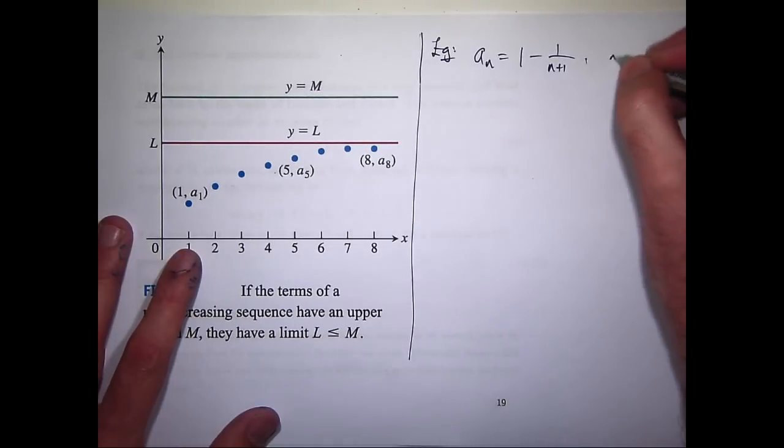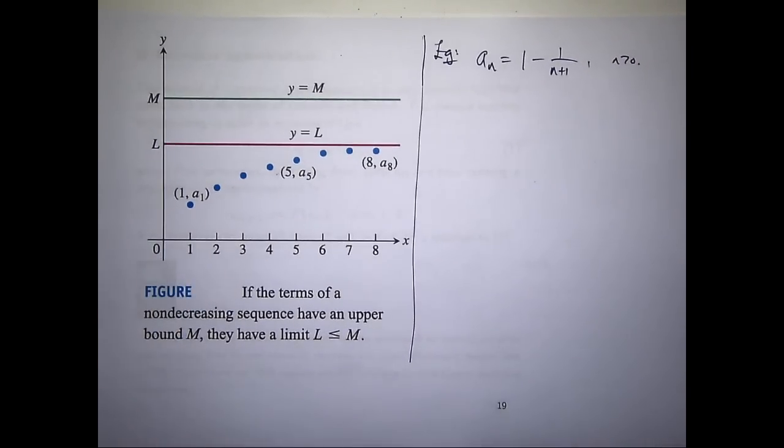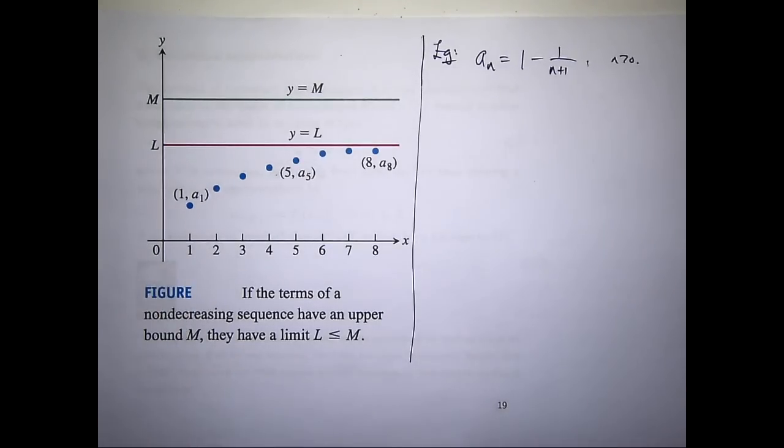Let's say, it's for n greater than 0. You can easily find an upper bound for this particular sequence. Anyone? 1? 1's a good choice. But you can also have an upper bound of 2, 3, 100, 64. Okay? They're all correct. They are all upper bounds for that sequence.